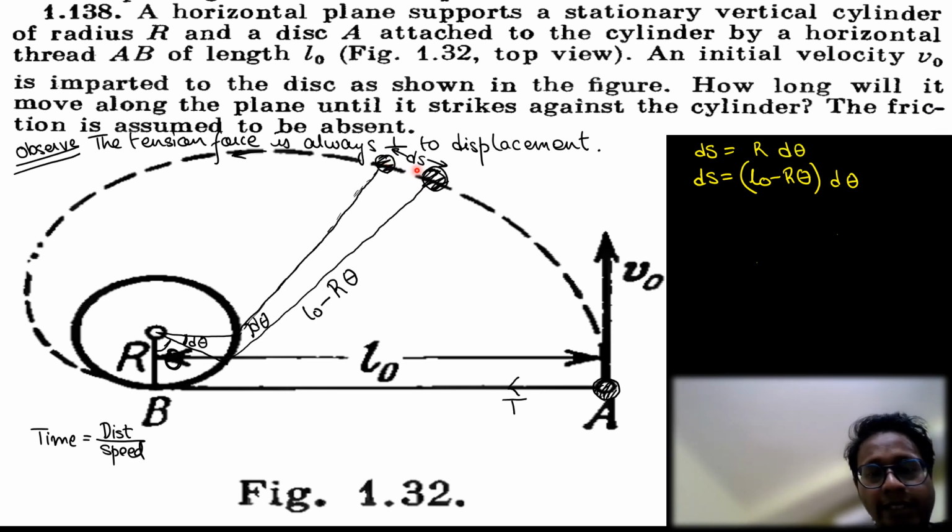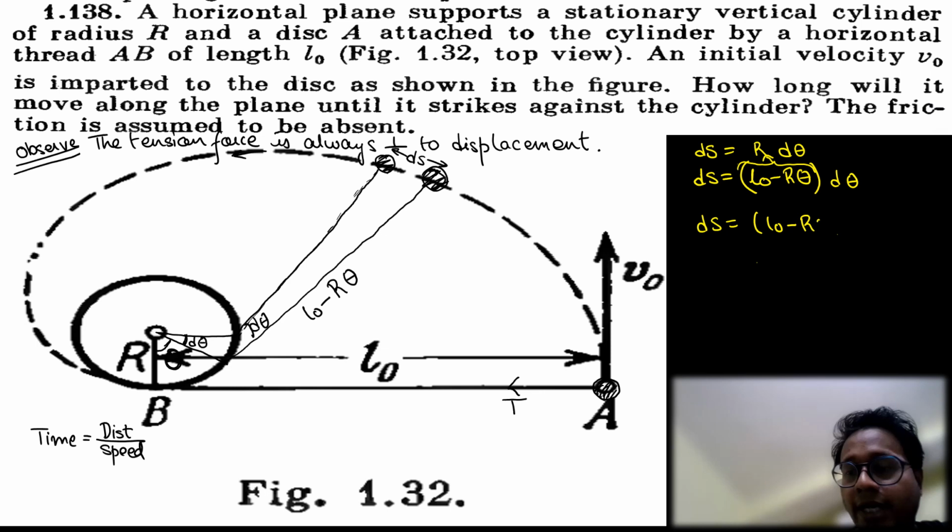Here r was nothing but the length of the path, d theta is nothing but d theta out here, and ds is nothing but the elemental length. And we have to integrate this: ds is equal to L naught minus r theta into d theta.